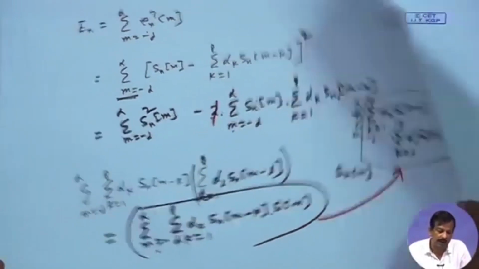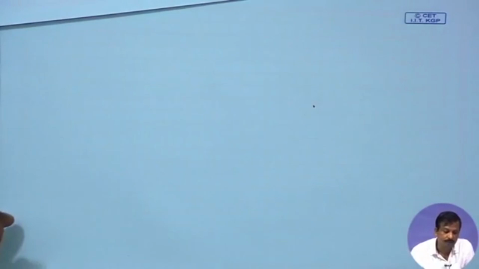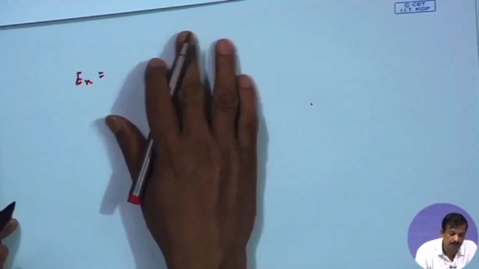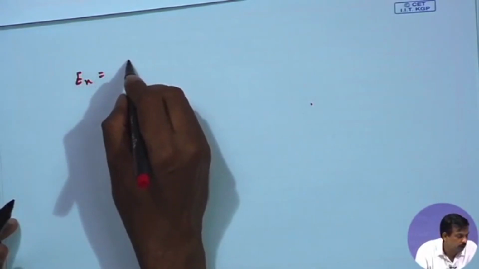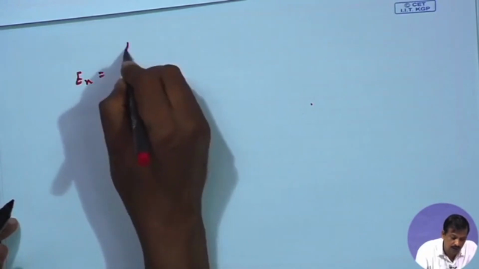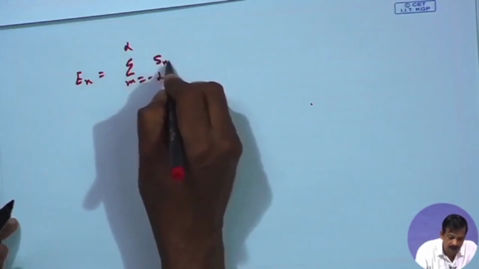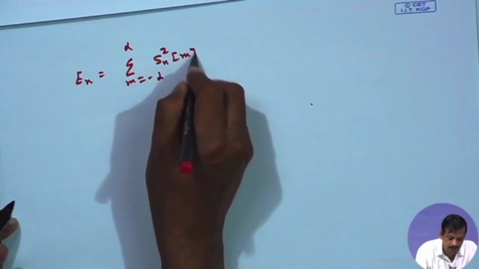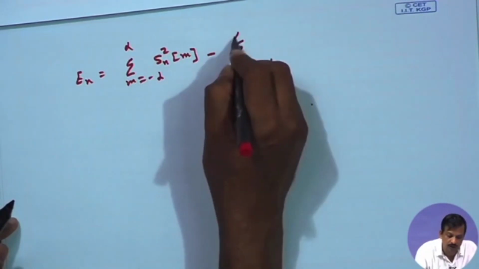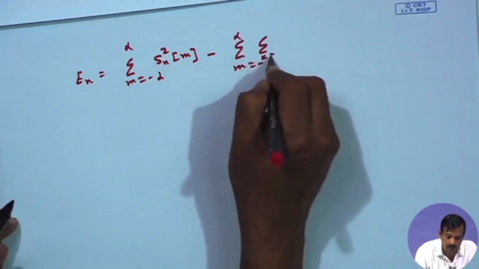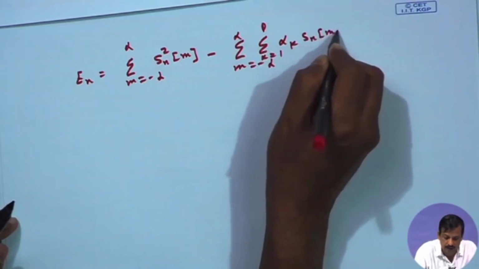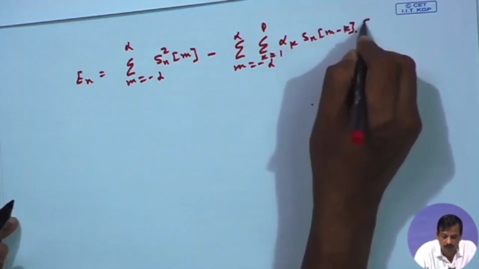So, I can say that E n is nothing but the sum over m equal to minus infinity to infinity of s n square, minus the sum over m of the sum over k equal to 1 to p of alpha k s n of m minus k into s m.